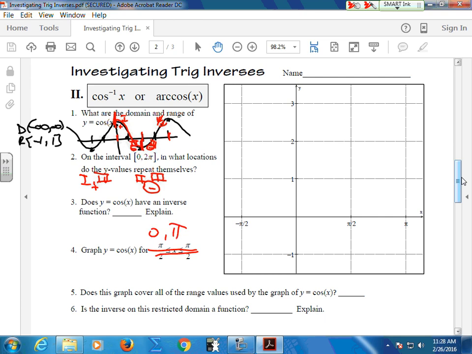I don't like the way they do their cosine one. I think they made a mistake here. We're going to graph from 0 to pi. So we're going to start at your 0, and here's your y-axis here. Here's your x-axis here. Sometimes they're a little hard to find. So we're going to start at the 1. We're going to come down to the 0.